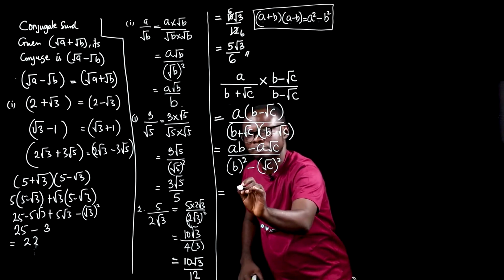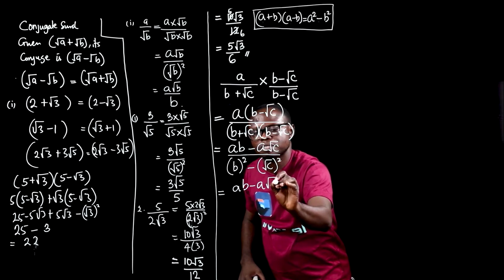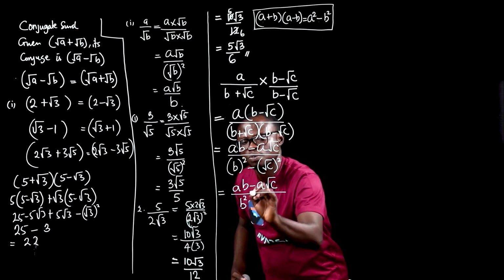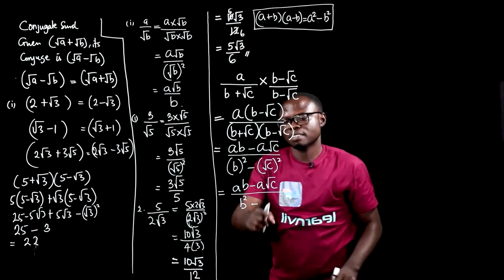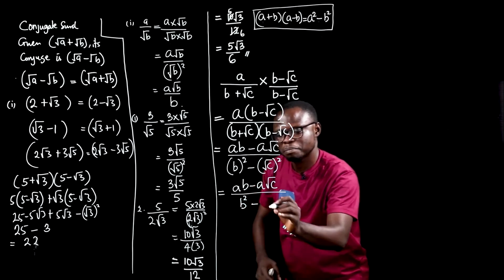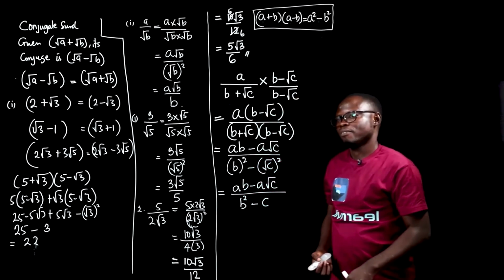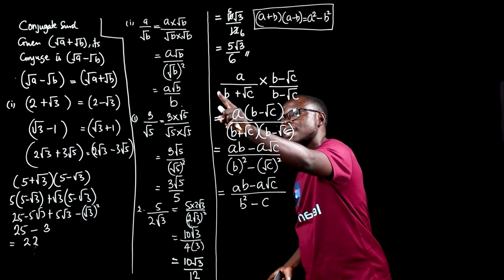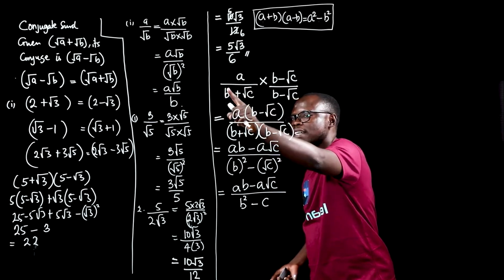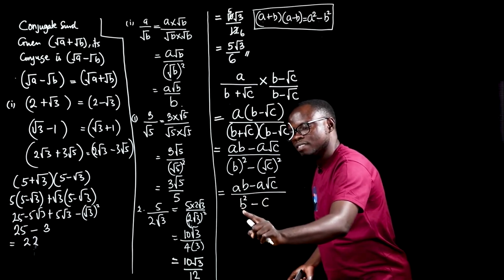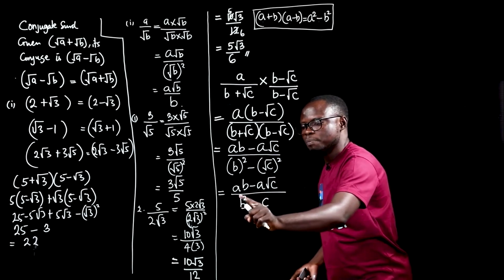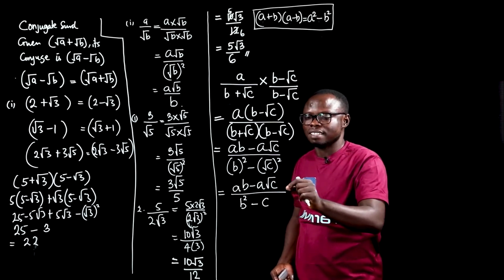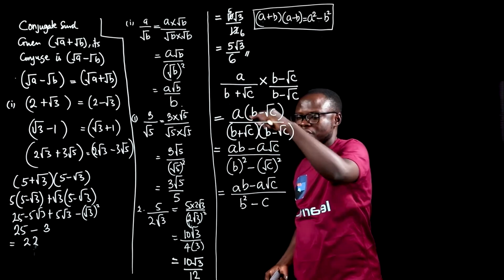This becomes ab minus a root c divided by b squared minus root c squared, you remember, becomes c. And you are done. Look, we started with a binomial containing a surd in the denominator. We have ended with just a rational expression in the denominator. Therefore, we have rationalized the irrational expression here.